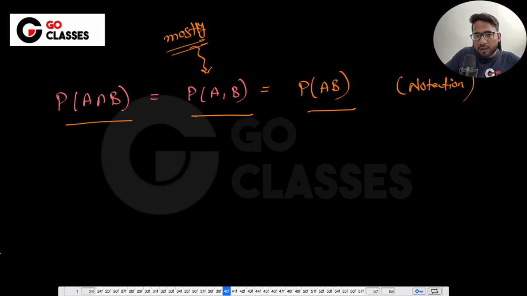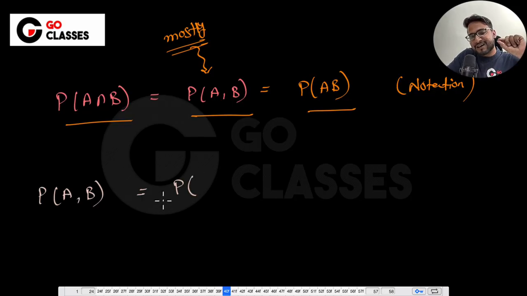So now let's talk about this multiplication rule, which is probability of A intersection B or probability of A comma B or B comma A, does not matter. That is actually equal to probability of... Now, I'm asking you to remember one way to write this formula. You just start from either end. Either you start from the right hand or you start from the left hand. Let's start from the right hand.